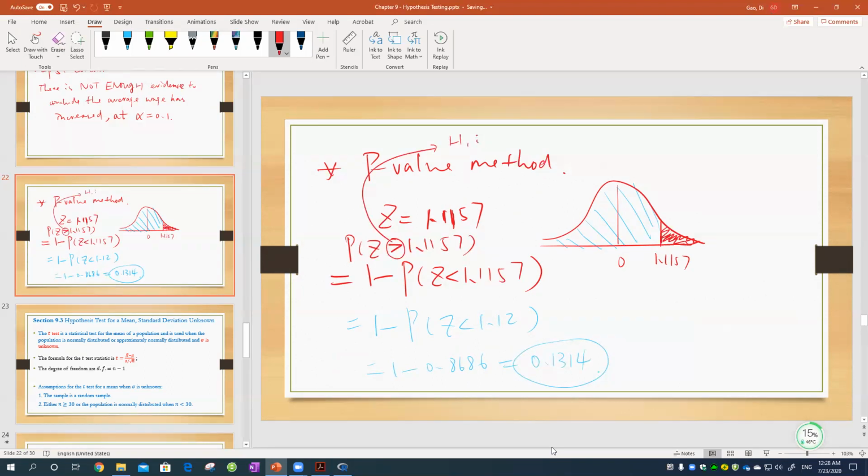So in the alternative hypothesis, we have mu more than something. So more than, that's why we look at probability of z more than. So to the right side, because it's a right-tail test, to find the probability of that number or more extreme than that. We got a p-value equals 0.1314. So that is more than alpha, which is 0.1. So from the p-value method, we know we fail to reject the null hypothesis.